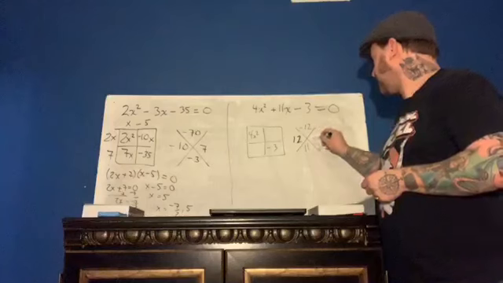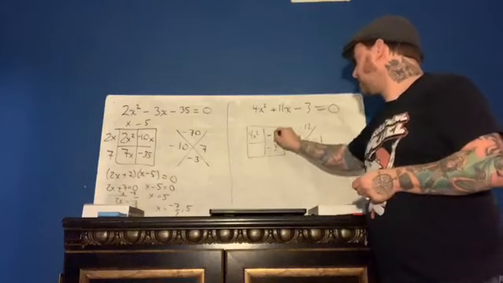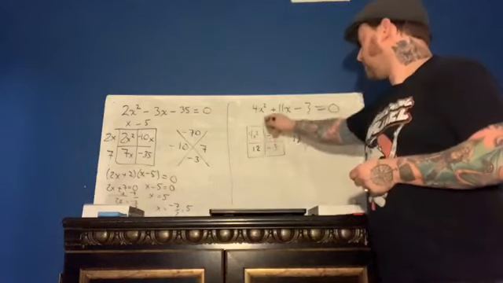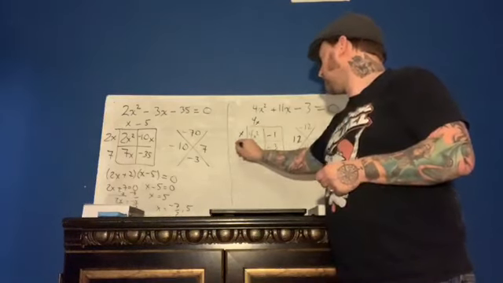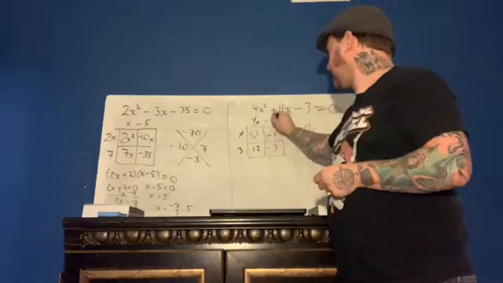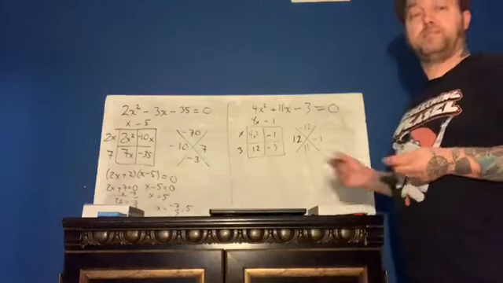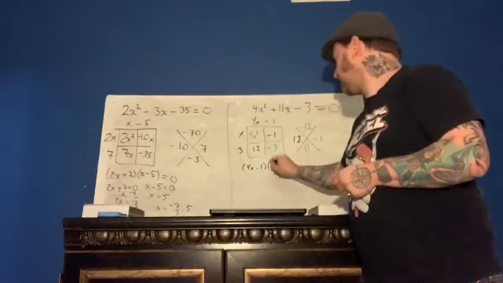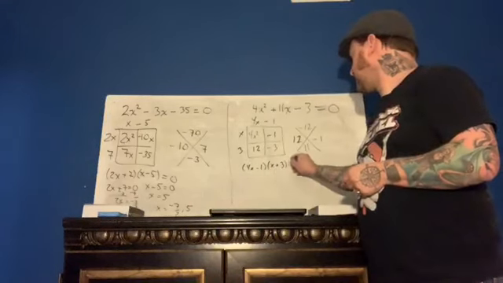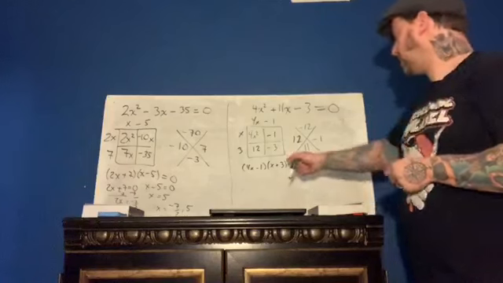Or 12 and negative 1. So we've got 4x, x, we've got 3 and negative 1. There we go. 4x minus 1 times x plus 3 equals 0.